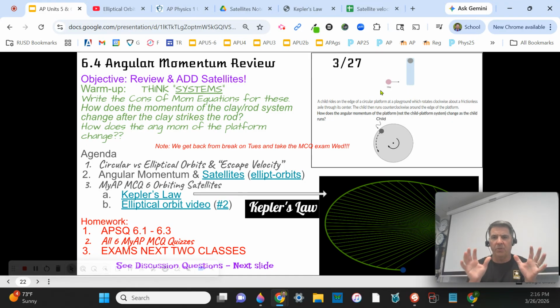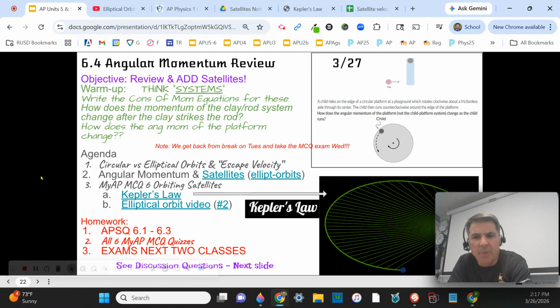Really, that's just the wording, so listen to the wording. If the clay is outside the system, then it's an impulse. If a person runs up and jumps onto a merry-go-round and they're outside the system, then it's an impulse. If it's inside the system, then it's a collision, and we have the law of conservation of momentum. It just depends on the wording: outside the system or inside the system.